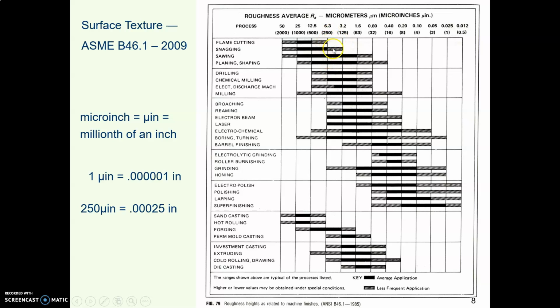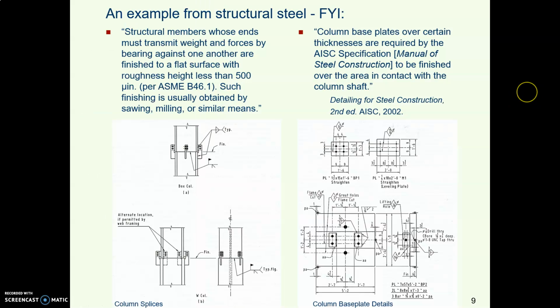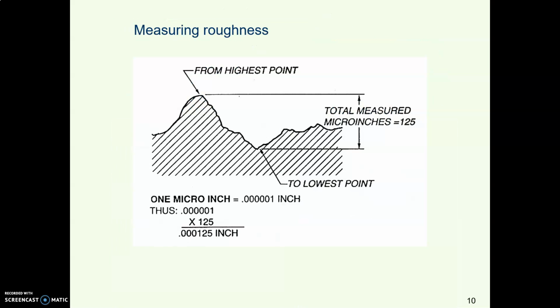But you notice if you want to do something like milling on a milling machine, you're going to get a finer finish, maybe a 125 or a 63. And even finer and finer finishes, like if you do polishing or lapping, you are up here in maybe 8 millionths of an inch. We find even surface finish call-outs in structural steel. This is an example from the AISC Steel Construction Manual, just for your interest.